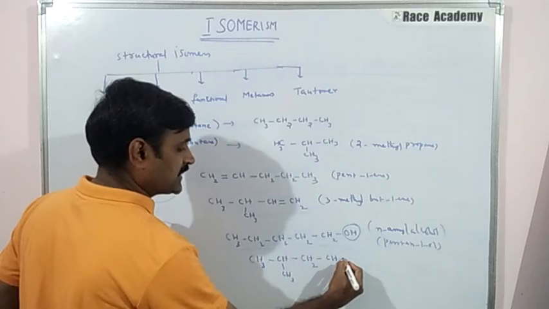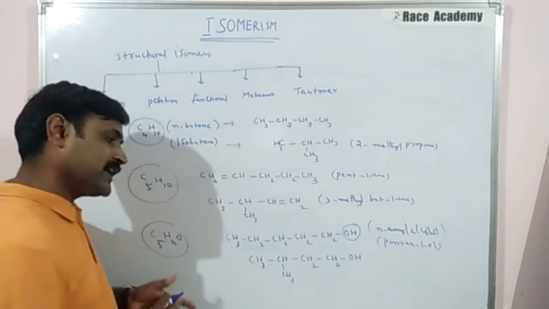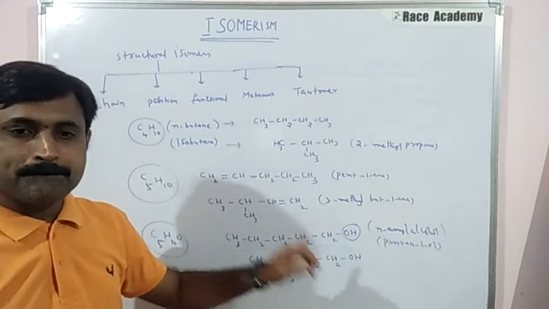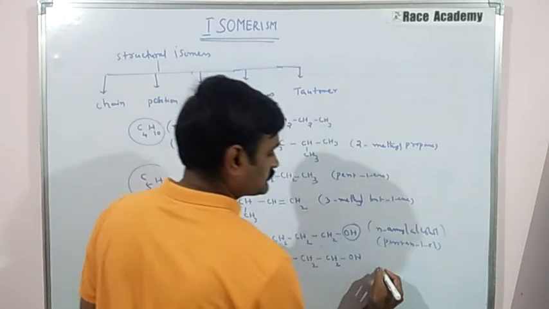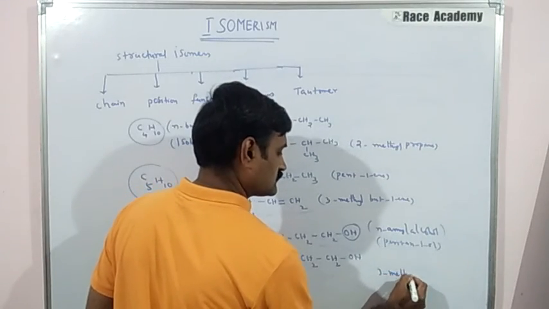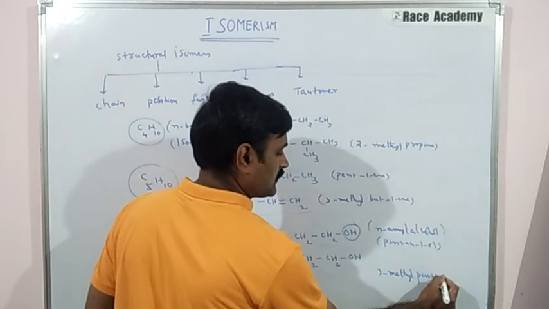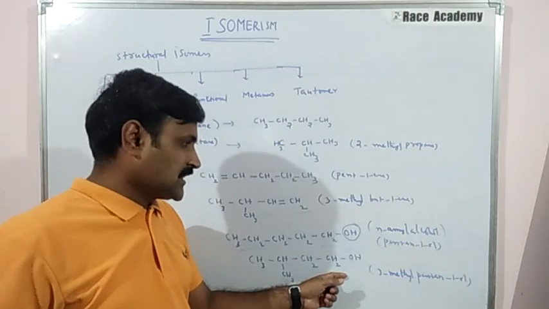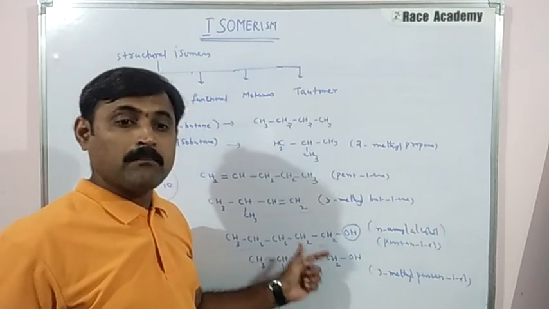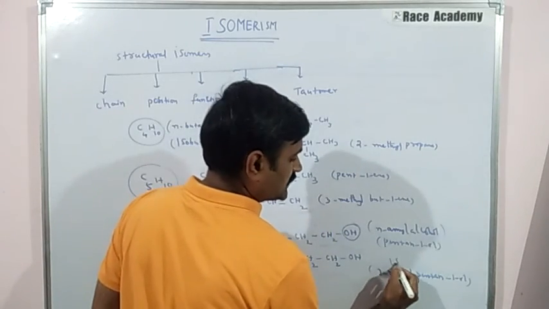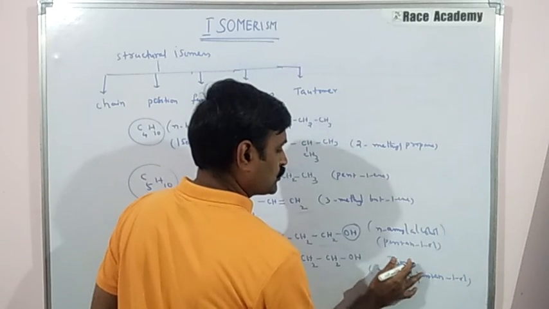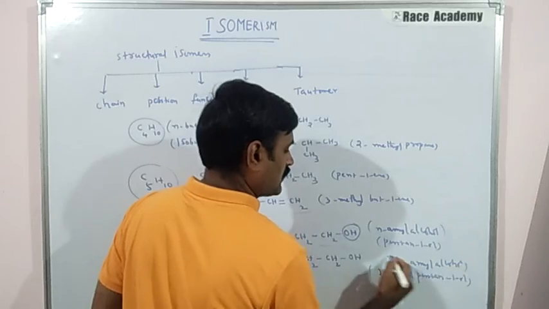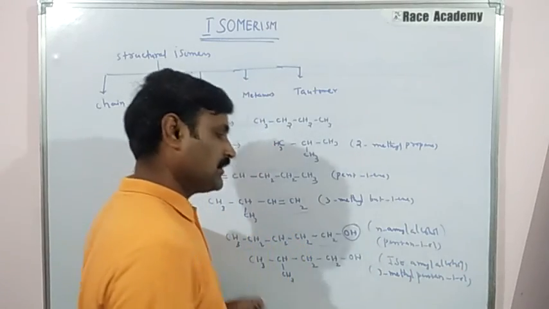Another carbon here, and OH here. The OH-attached carbon is important for us. So we can write this as 3-methylpentan-1-ol, which is called isoamyl alcohol.